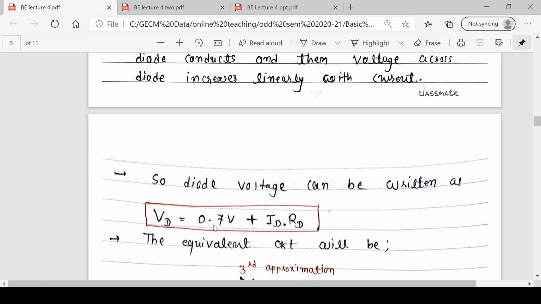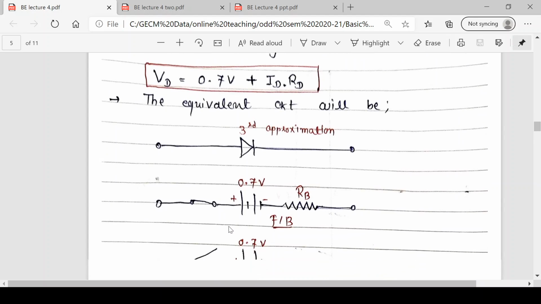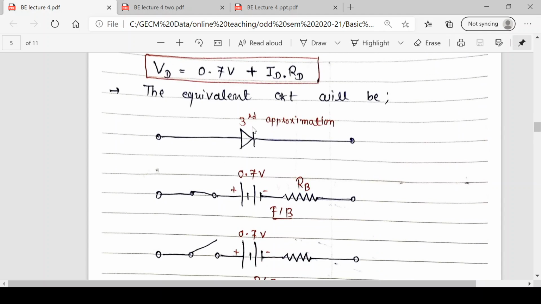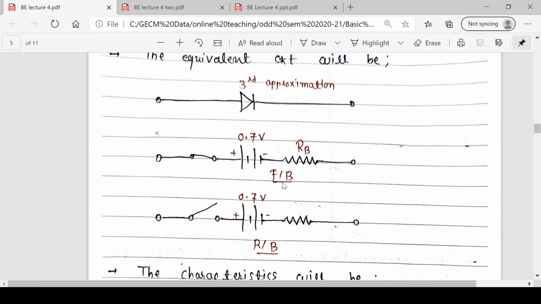So now how will the equivalent circuit be? Suppose this is my third approximation diode. When I forward bias it, it works as a closed switch with maximum current, in series with a barrier potential of 0.7 volt, in series with bulk resistance, which is around 1 ohm, less than 1 ohm.